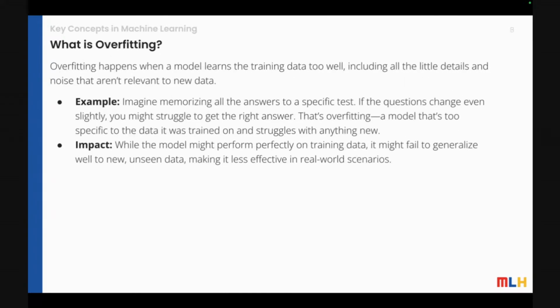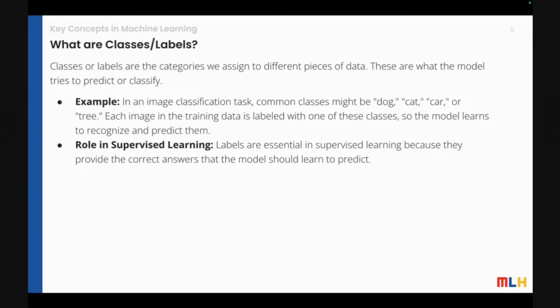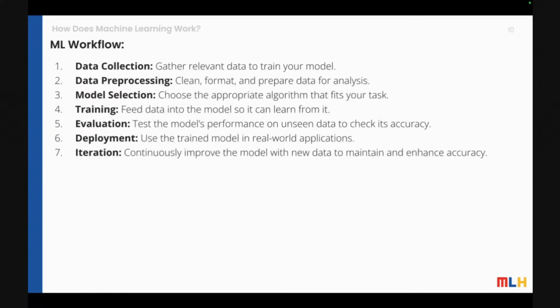So that is classes and labels. They play a major role in supervised learning or even semi-supervised learning, where the labels are basically the correct answers. So those were some key concepts, the key words, I would say, in machine learning. If I use these words, now you know what they mean.